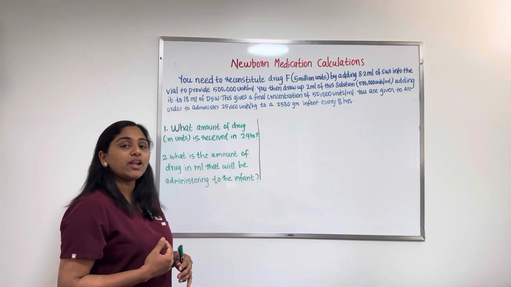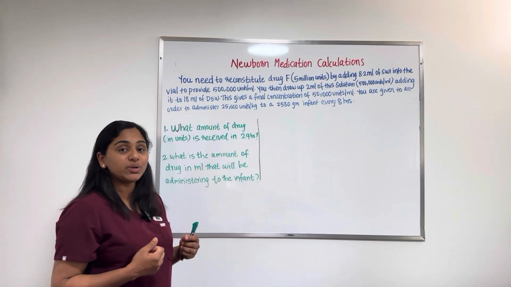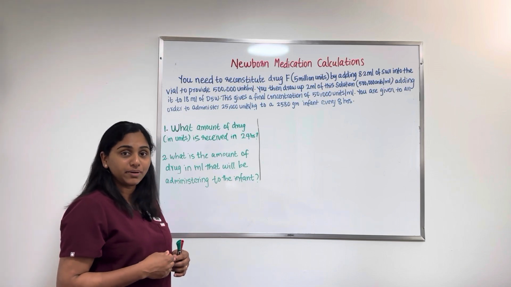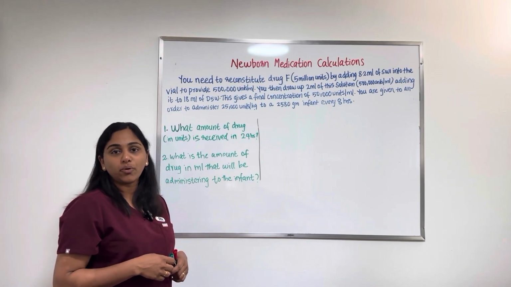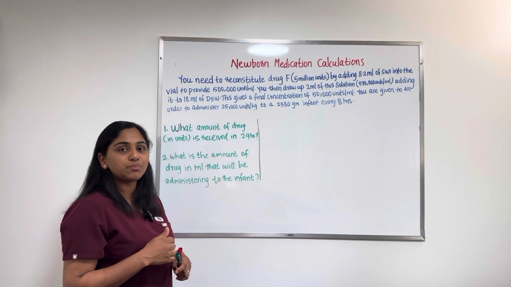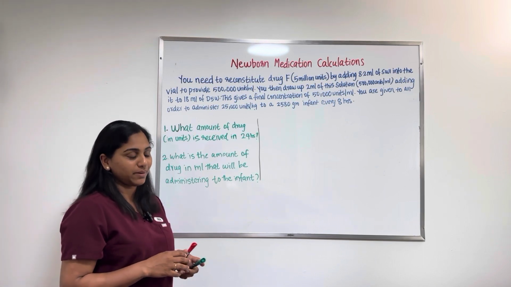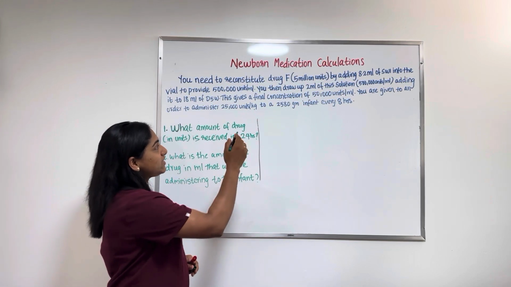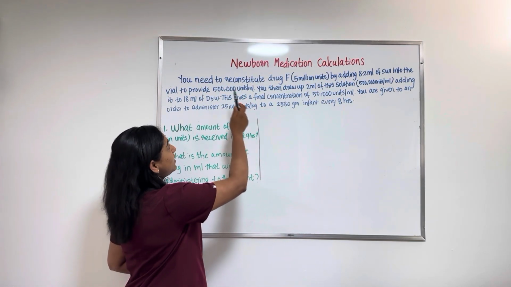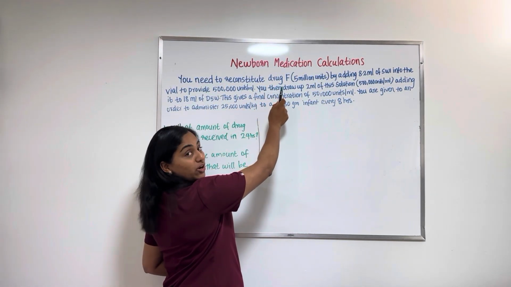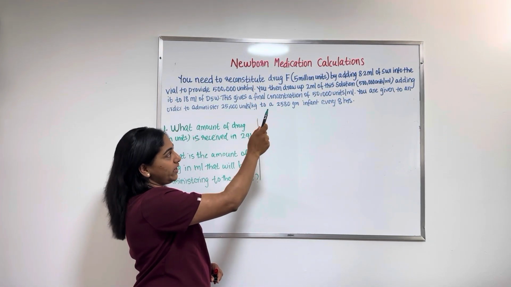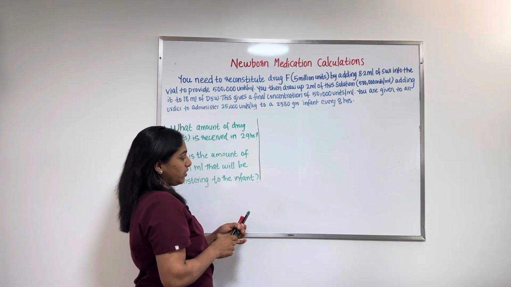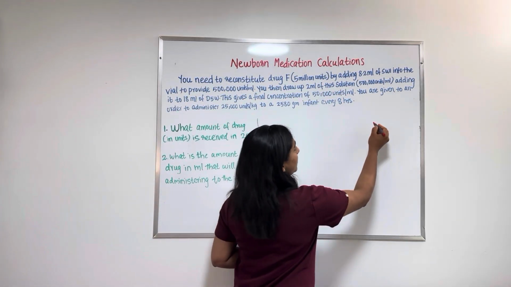More than that, you can also use the innovative education technique, that is mind mapping, to organize the information provided. So let's solve this problem by using mind mapping. So in this question, you can see that we need to reconstitute the drug F which contains 5 million units. So you can just use the mind map.